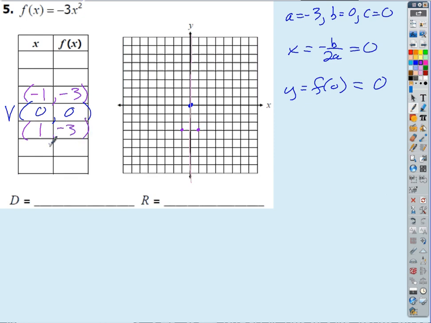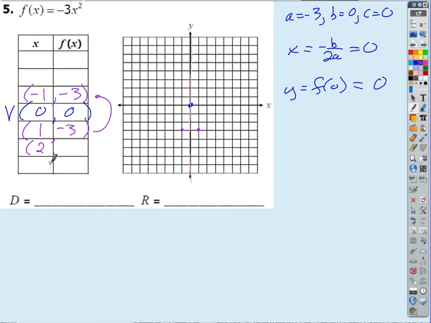So I could have been smart about that and done this one first and filled that one in. I would say that for parabolas, it's maybe worth doing 2 points on each side. Really, 2 points, and then you get the reflections for free. So if I went over another 1 to the right of my vertex, and I'm at 2, I'm going to get negative 3 times 2 squared, so negative 12.